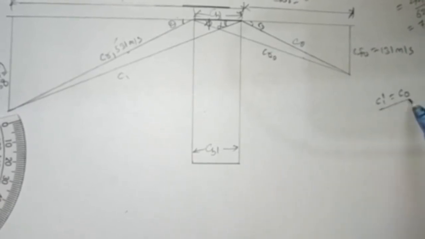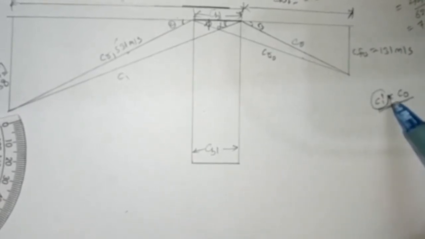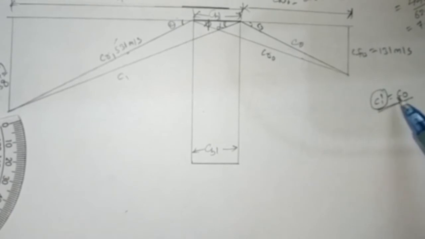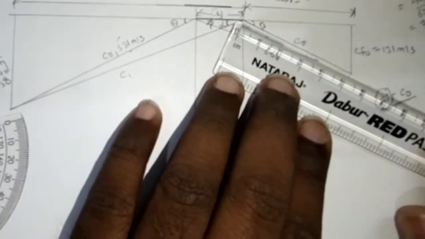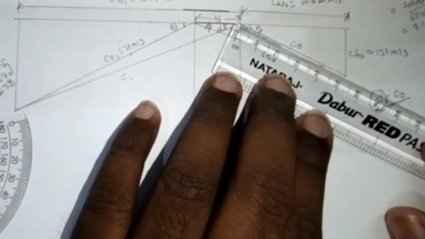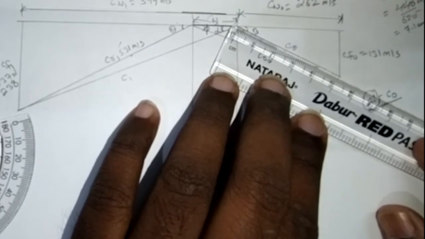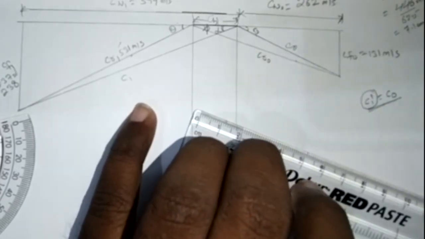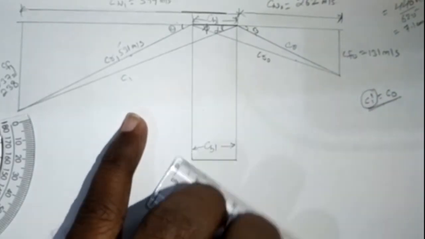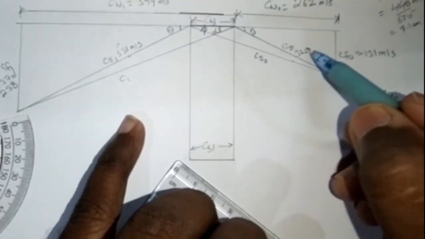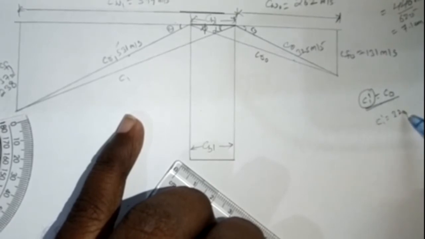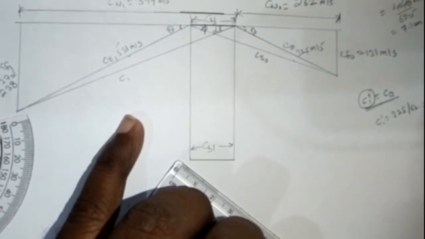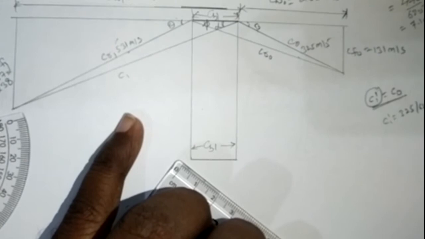So C1 dash is equal to C0. Here we have to measure C0. C0 is equal to 5.2 into 62.5, around 325 meters per second.